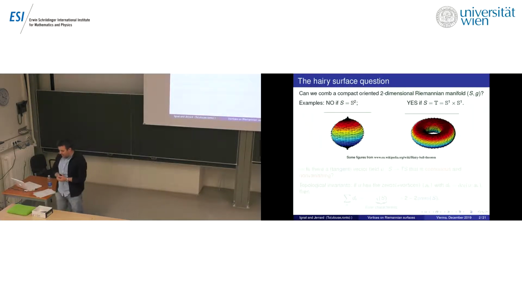Maybe during your first lesson in an algebraic topology course, there is the question: can you comb a surface? What does it mean? Imagine that you have a surface, and at each point you take a vector of unit length.